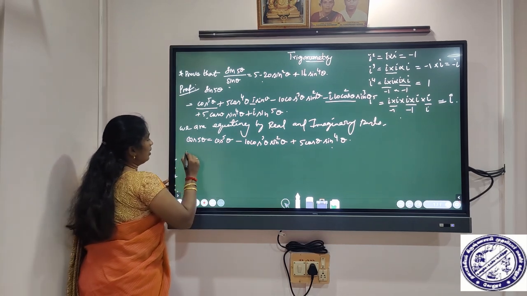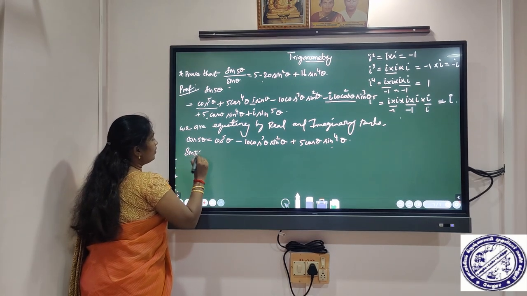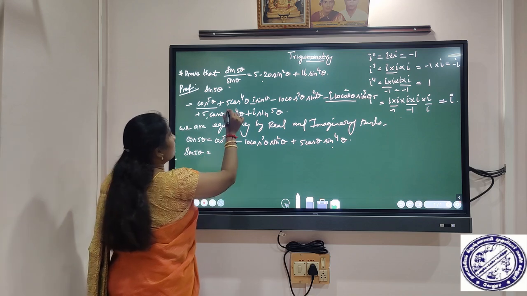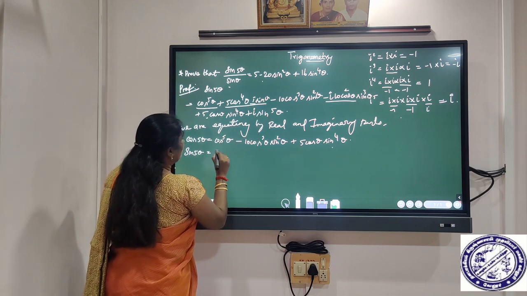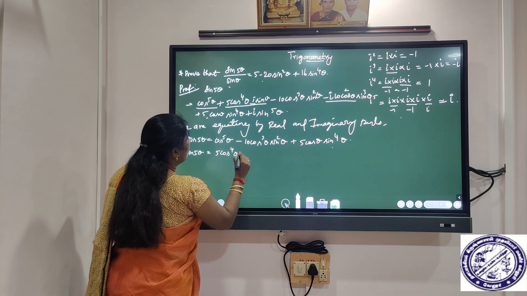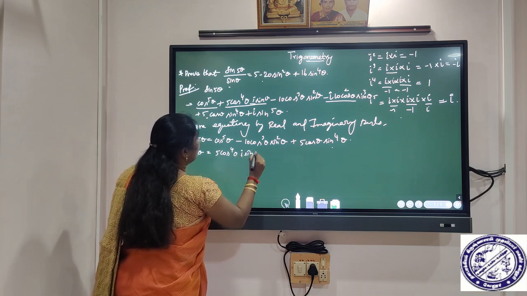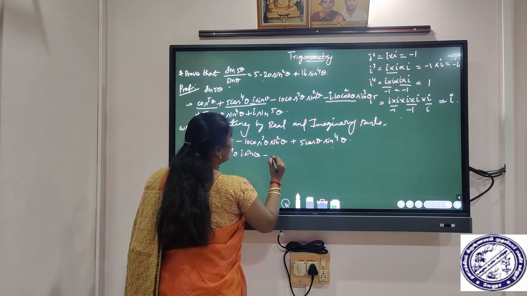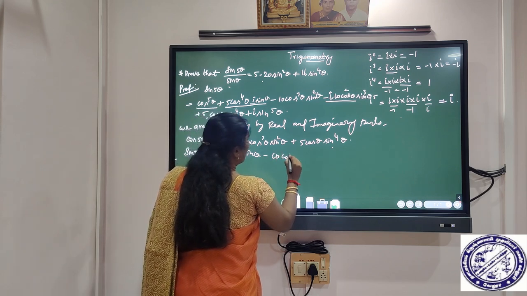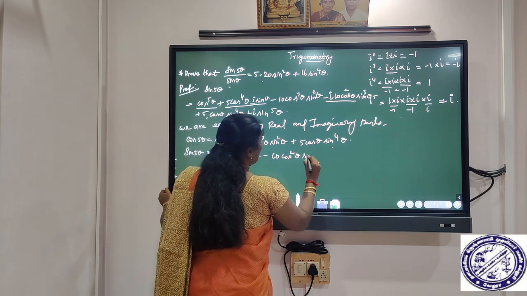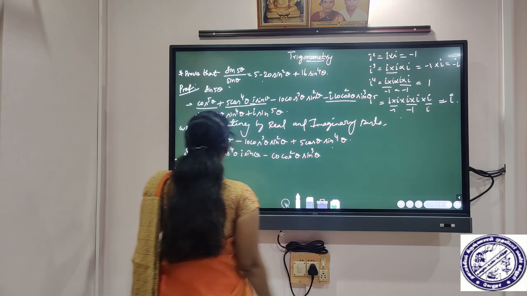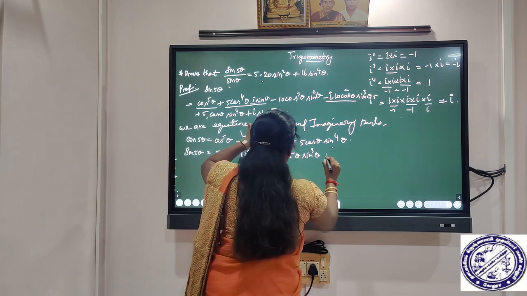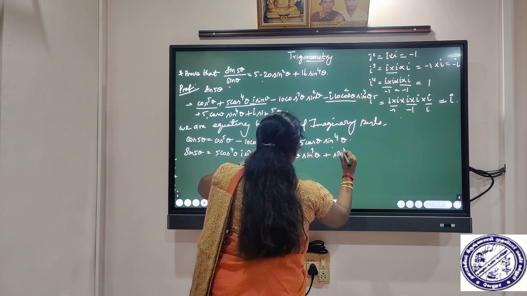Next, imaginary: sin 5 theta is equal to i sin theta, and next one, also imaginary, minus 10 cos square theta sin cube theta, and the final one is plus sin power 5 theta.